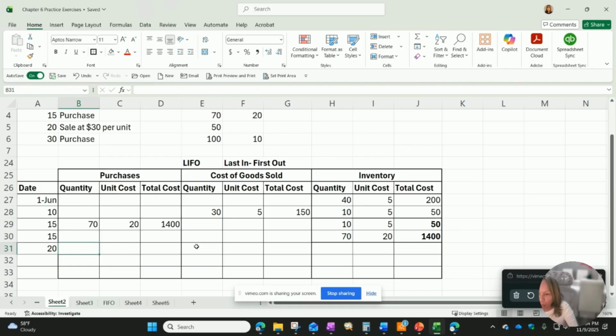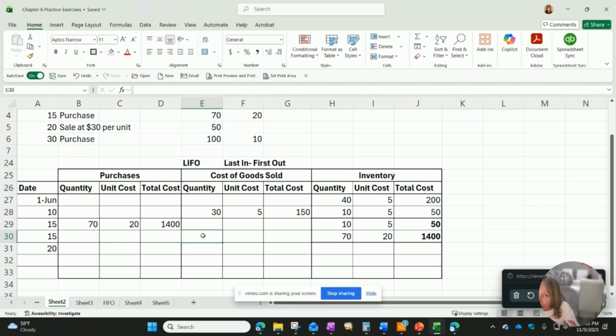So we need to determine what the cost of those 50 speakers is. Because remember, we have 80 in the warehouse that we purchased at different prices. Therefore, we cannot say that the cost is any specific cost until we figure out which assumption we're using.